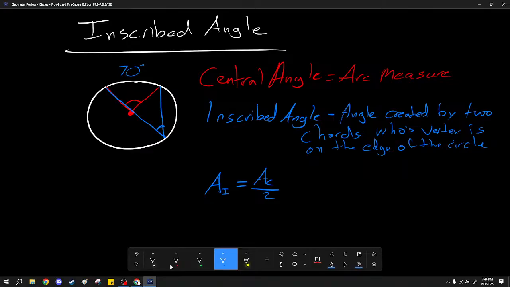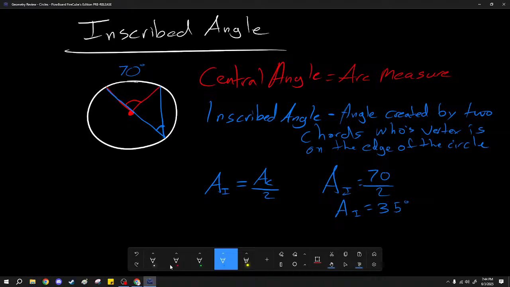Well, if the arc measure is 70 degrees, that means my central angle is 70 degrees. If I plug it into this quick equation, my inscribed angle is equal to the central angle over 2. My central angle is 70 divided by 2. 70 divided by 2 is 35.